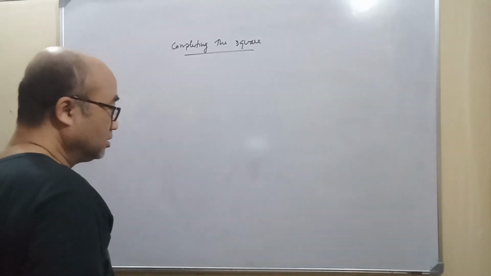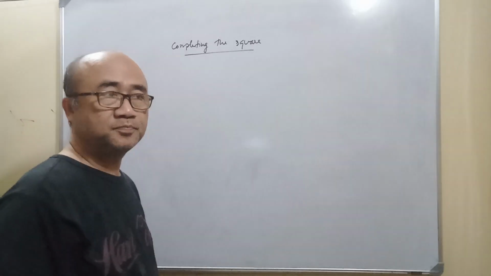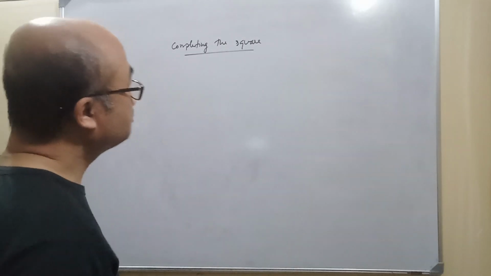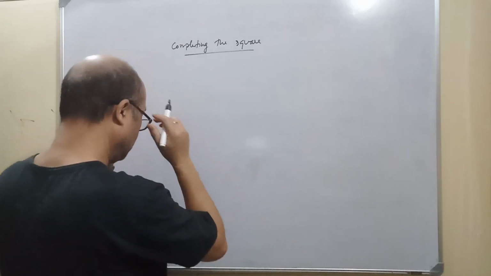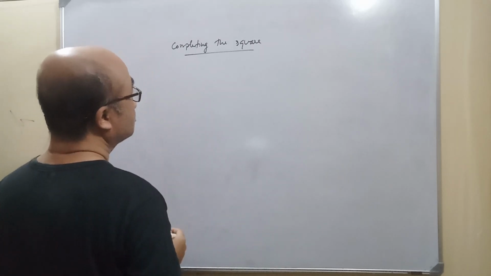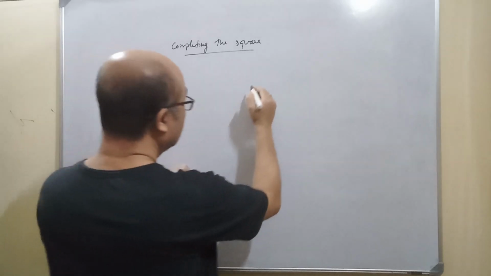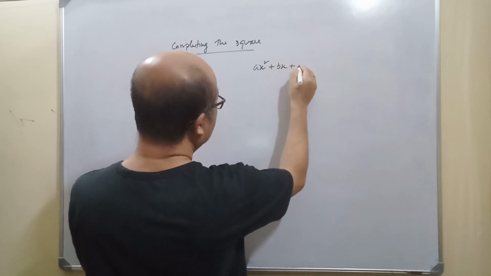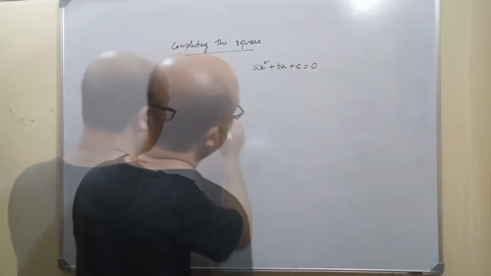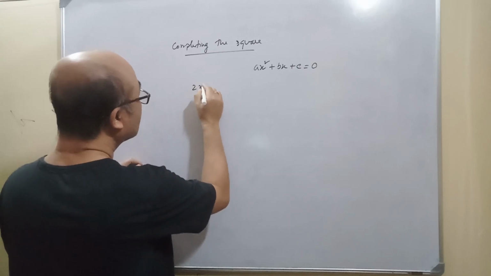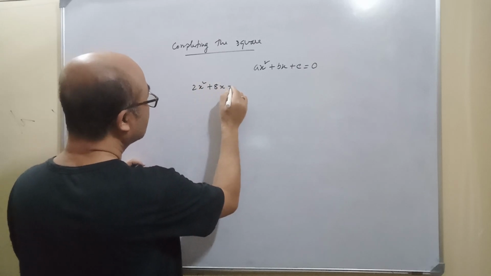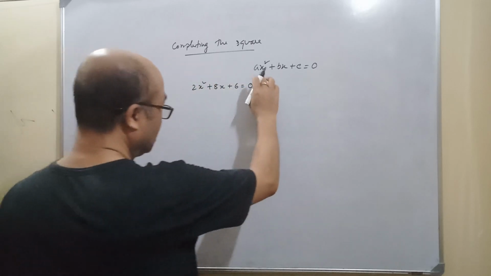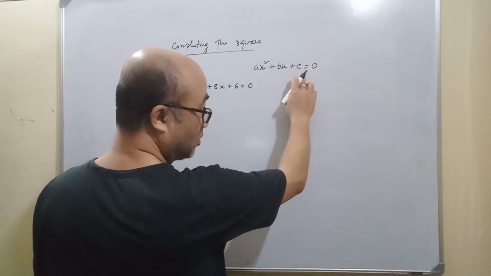This is the second method for solving a quadratic equation, completing the square. So we have the standard form. So let us take this quadratic equation. So this is a quadratic equation in the standard form.